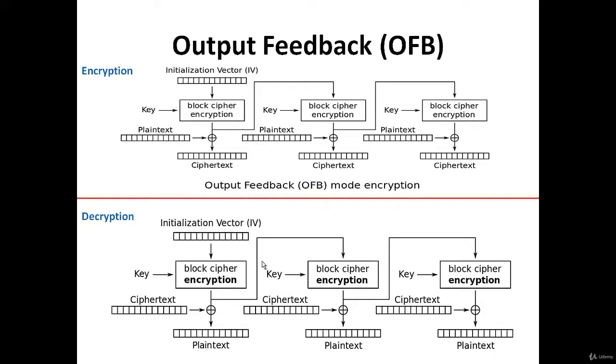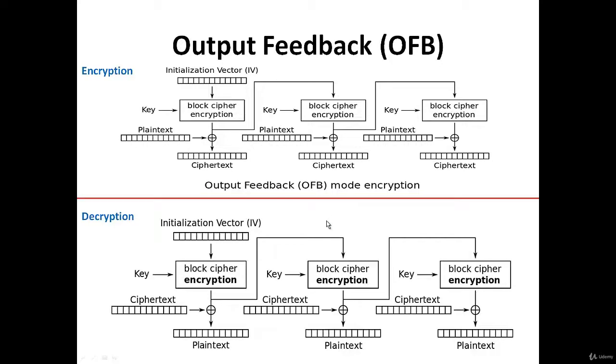Now there is another variation of the cipher feedback mode, called output feedback mode. Here, instead of the ciphertext being forwarded, the output from the block encryption is forwarded. That means before adding the plain text, the value from the block encryption itself is forwarded into the next block. In cipher feedback mode the output was taken after the plain text was added and then forwarded, whereas in this case the output is taken before adding the plain text.